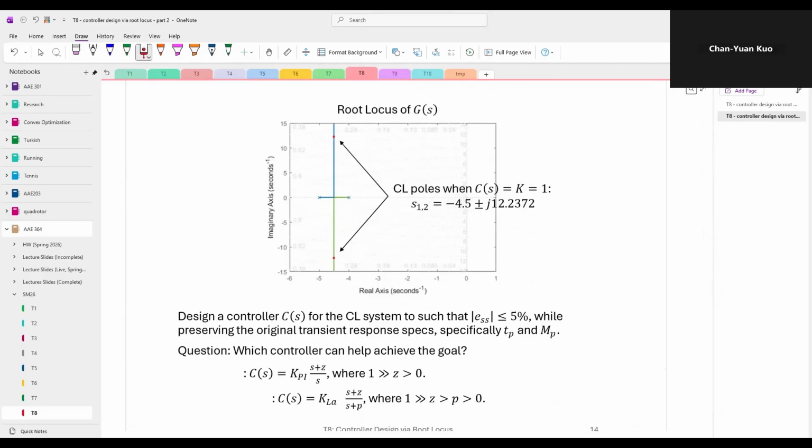And this brings us to the following question. What type of controller can improve steady state accuracy without significantly changing the transient response?